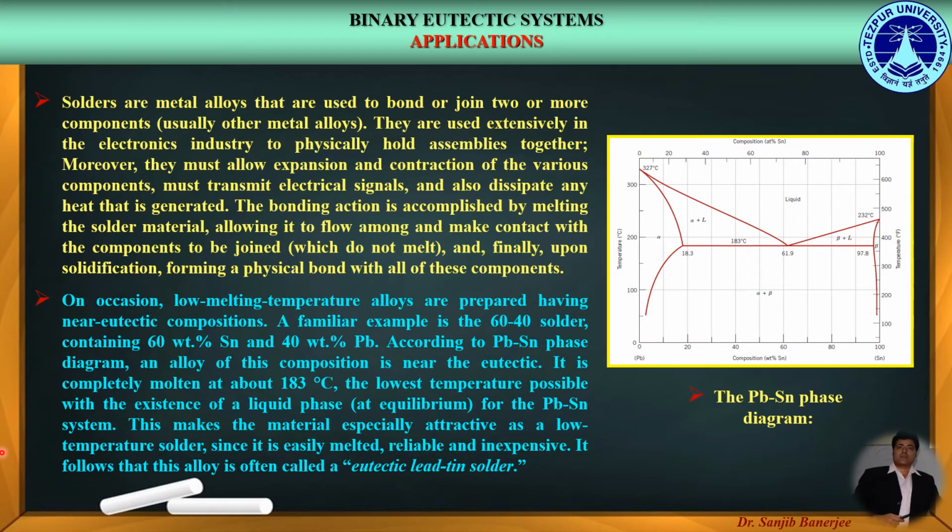Binary eutectic systems are also applied in metal joining processes like soldering. Firstly, let us know what solders are. Solders are metallic alloys that are used to bond or join two or more components, usually other metallic alloys. They are used extensively in the electronic industry to physically hold assemblies together. Moreover, they must allow expansion and contraction of the various components.